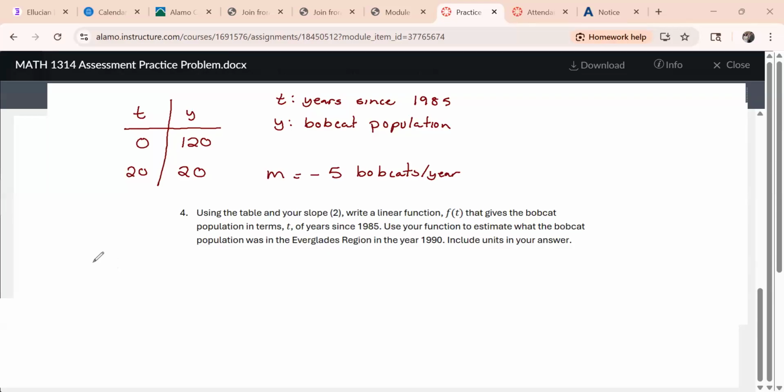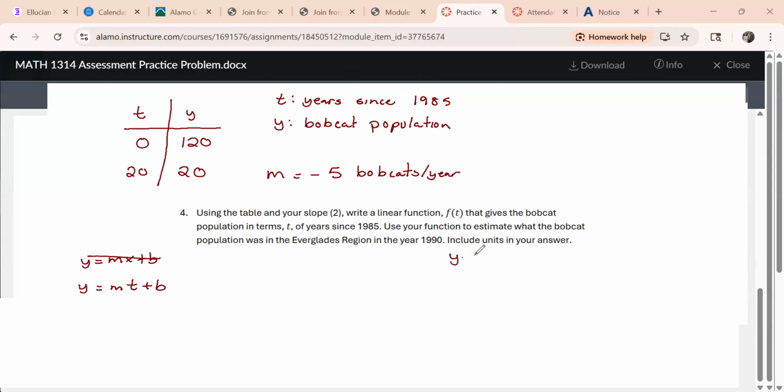Okay, so there's 2 ways you can go about this. You can use y equals mx plus b. Let me fix that, because we don't have x, we have t. So it would be what we usually call y equals mx plus b, but we're just going to make that little change there: y equals mt plus b.